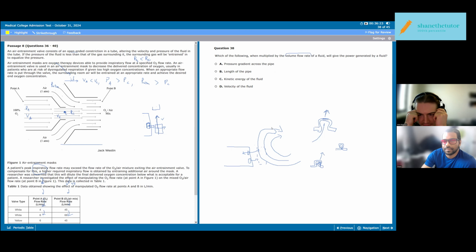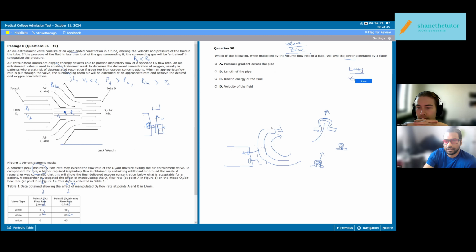M cubed over S. Yep. So I'll just write volume over time. What about power? Work over time. And do you remember what work could also be equal to? Joules. Yeah, energy, right?